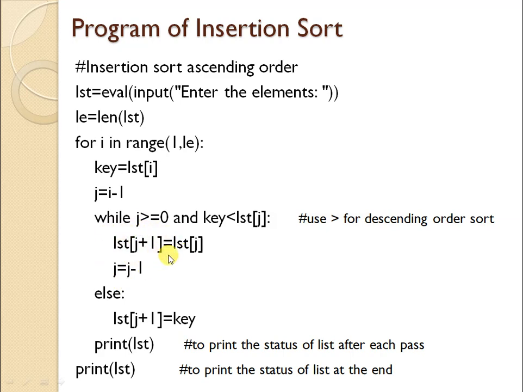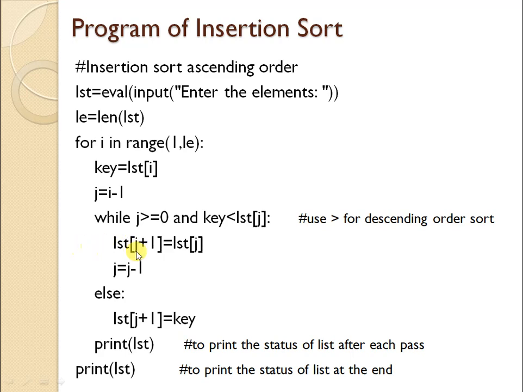For proper sorting, you should shift the elements that are greater than your selection to the position on their right. So J plus 1 will move to J, because you are moving to the left hand side.